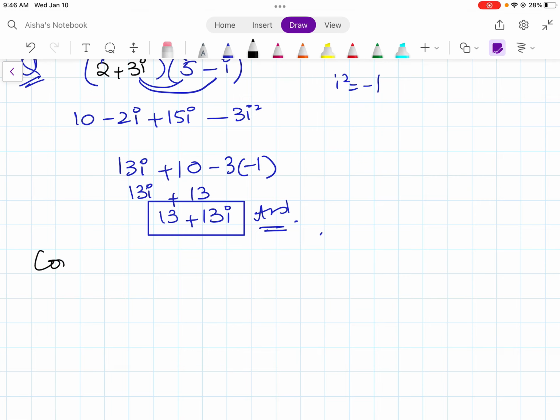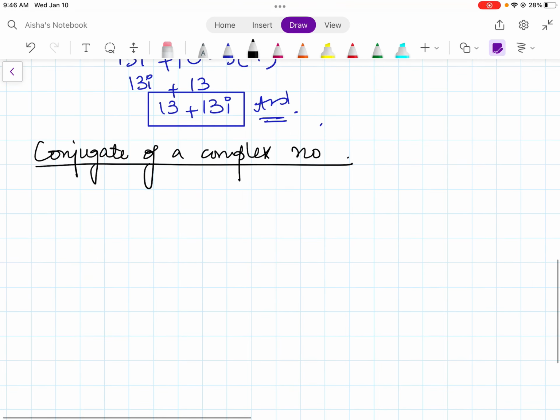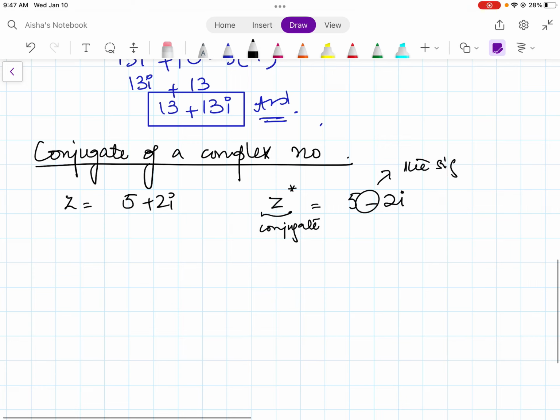Now what is the conjugate of a complex number? So if z is 5 plus 2 iota, z star will be 5 minus 2 iota. This is the conjugate. The sign of the imaginary number changes.